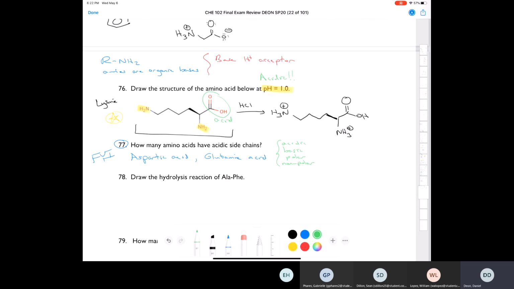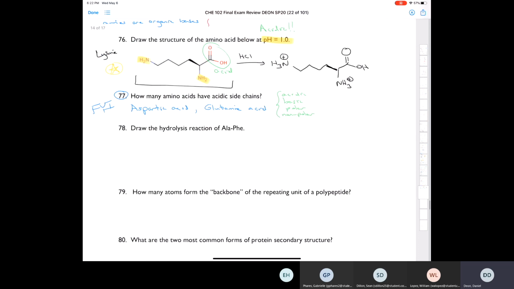Anyhow, draw the hydrolysis of this, which would be called alanyl phenylalanine. You don't have to name it, but I'll help you by drawing out the dipeptide first. Let's start by drawing our alanine.